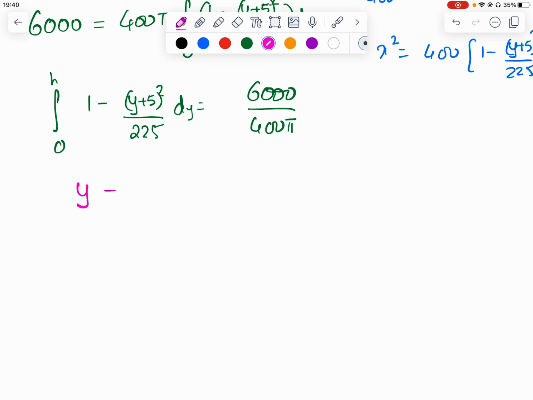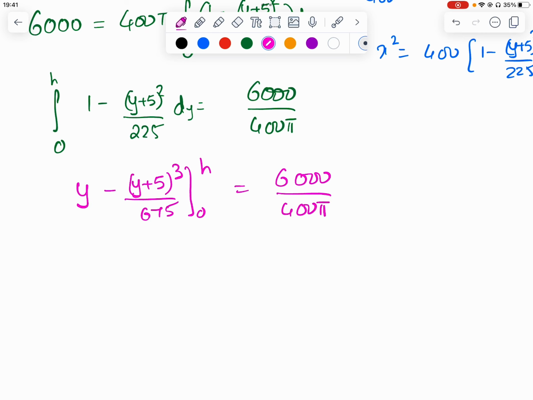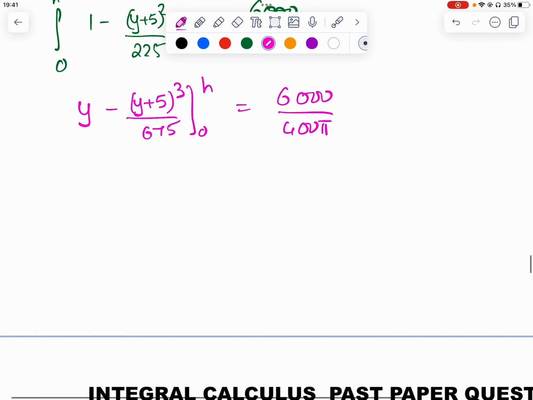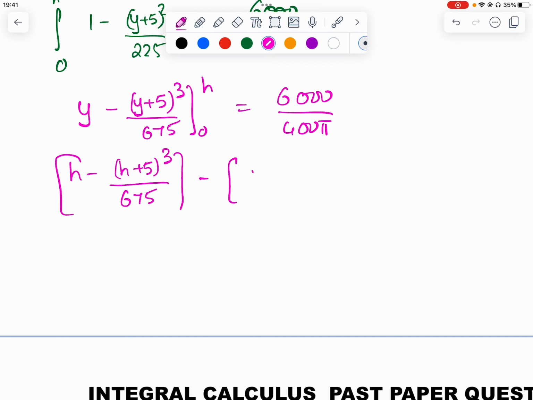Y minus (y plus 5) whole cube upon 675 from 0 to h equals 6,000 divided by 400 pi. So plug in the upper limit, h minus (h plus 5) whole cube divided by 675, minus 0 minus 5 cube upon 675, equals 6,000 divided by 400 pi.